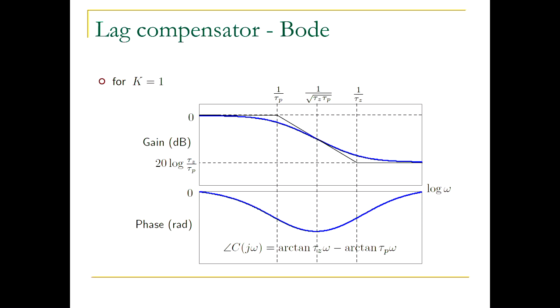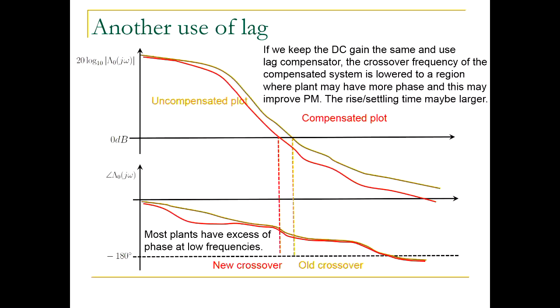So in Bode diagrams, magnitude will be 0, adding 0 to the uncompensated plot. So nothing will change for the low frequency magnitude plot. And these corner frequencies are chosen in the low frequency range, and you will get exactly this situation.